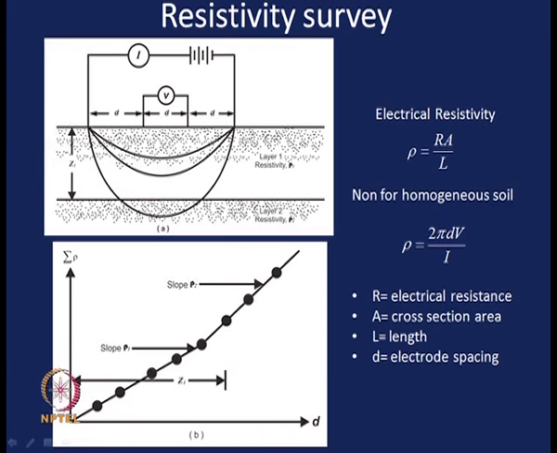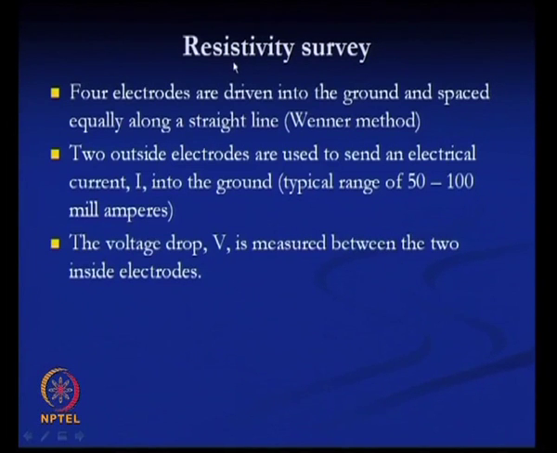Now, this principle we can use here also, to get the properties of the soil or the thickness of the soil. Now, how can we conduct this resistivity survey? Four electrodes are driven into the ground and spaced equally along a straight line.